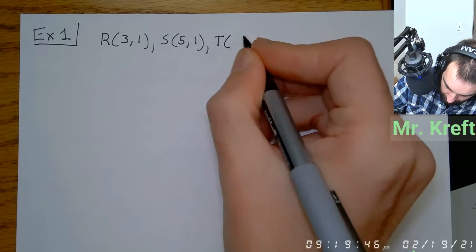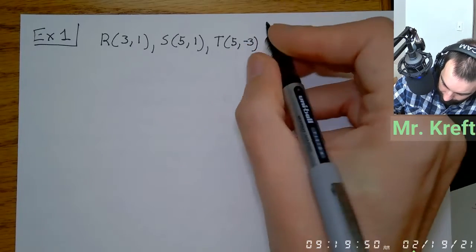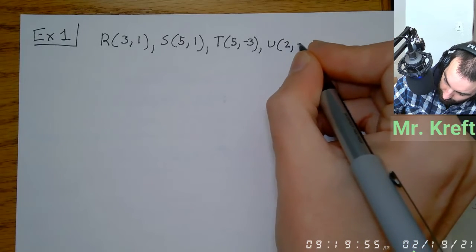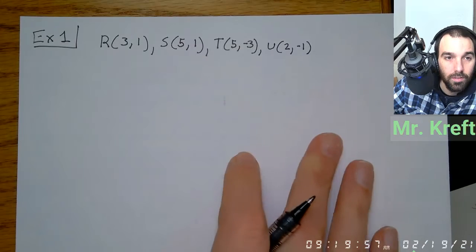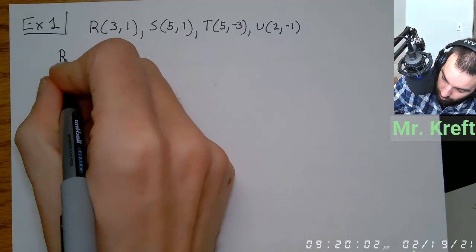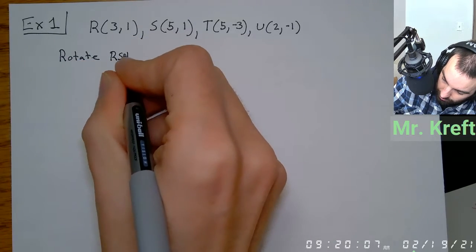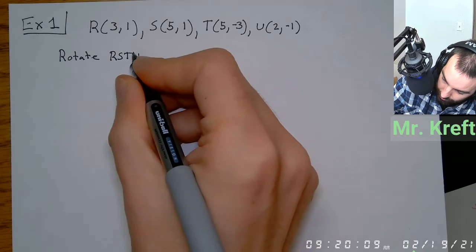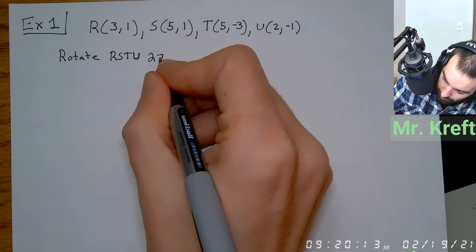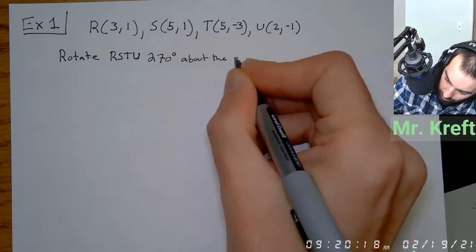T is (5, negative 3). And U is (2, negative 1). And what we're going to do is rotate RSTU 270 degrees about the origin.